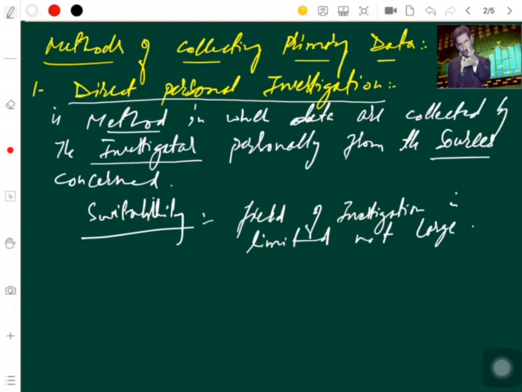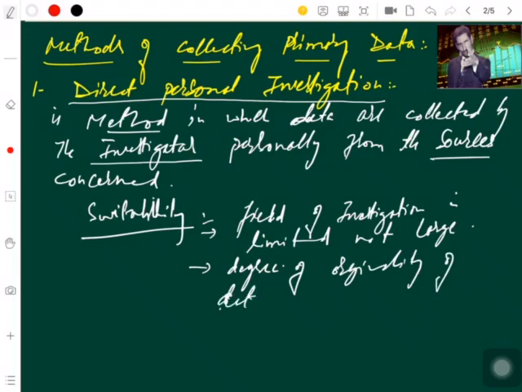If you talk about suitability in case of accuracy or originality, it is suitable where a particular degree of originality of data is required.